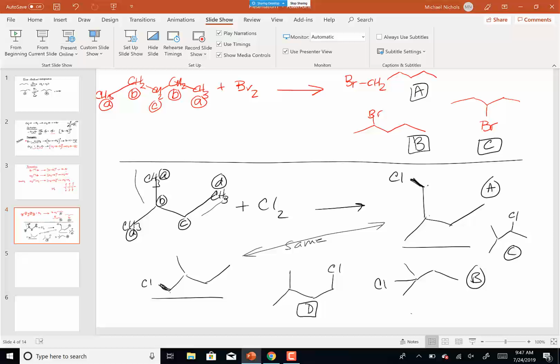If I get the same name, then that means the fork in the road really isn't a fork. Either way, those two are going to be equal to each other. Okay. So in this case, I've got four unique products.